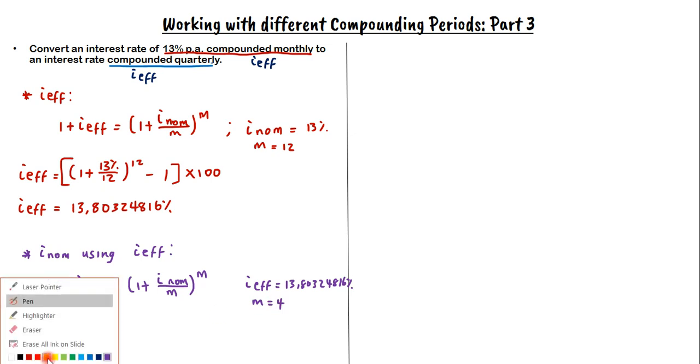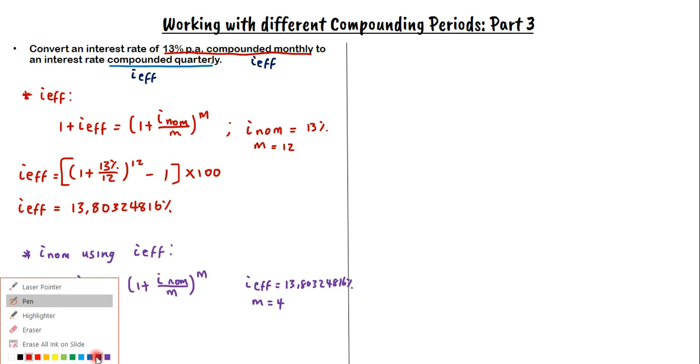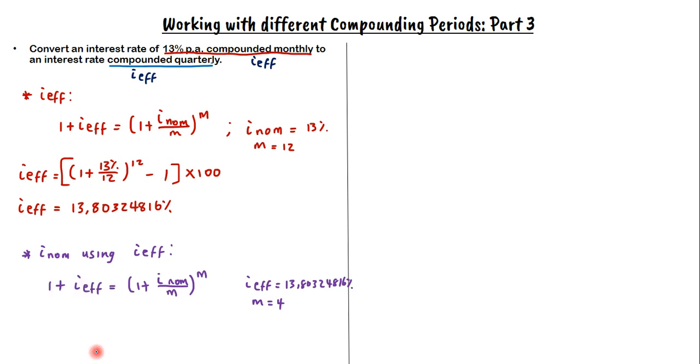Therefore, to calculate the value of I nominal, I'm going to first put in the Mth root on both sides.